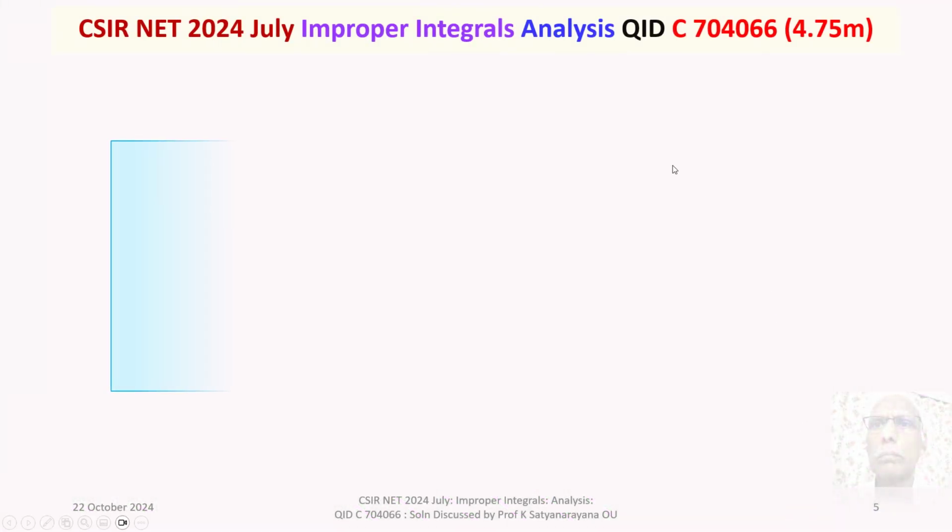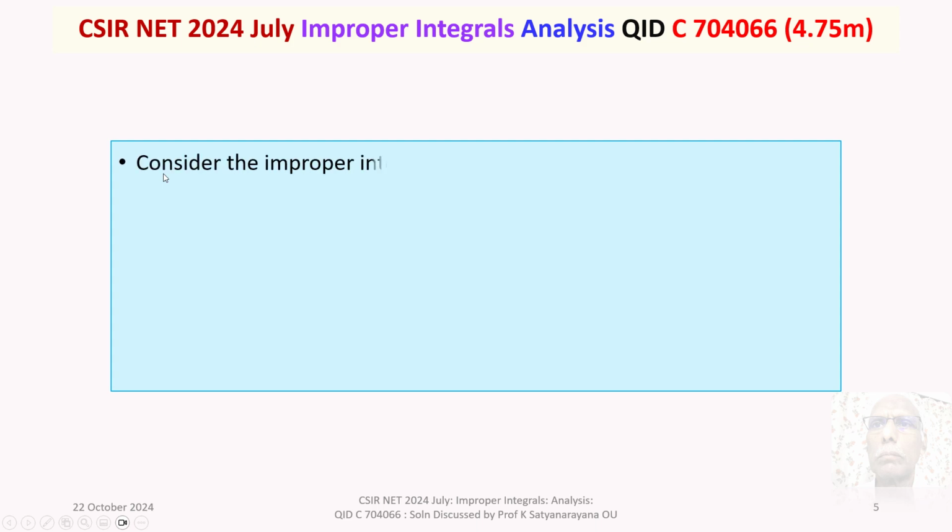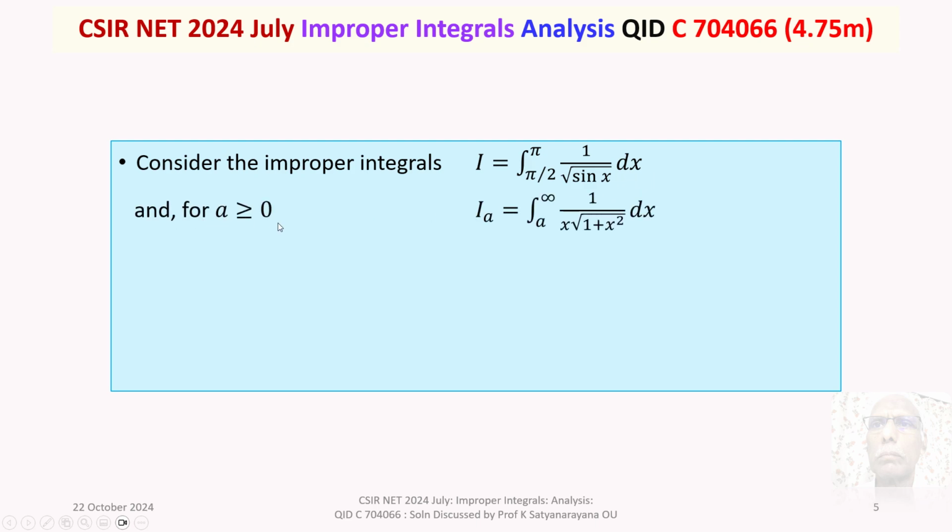The given question is, consider the improper integrals. We are given two improper integrals. The first one is I equals the integral from pi by 2 to pi of 1 by root of sin x dx. The second one is, for a greater than or equal to 0, I suffix a equals the integral from a to infinity of 1 by x times the square root of 1 plus x squared, with respect to x.